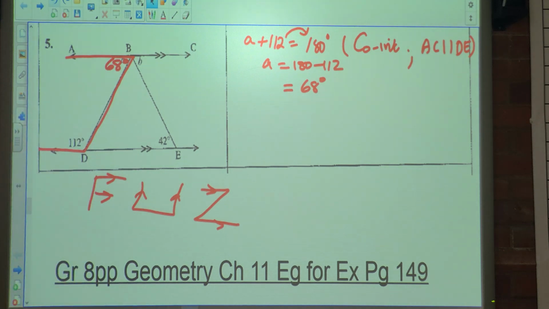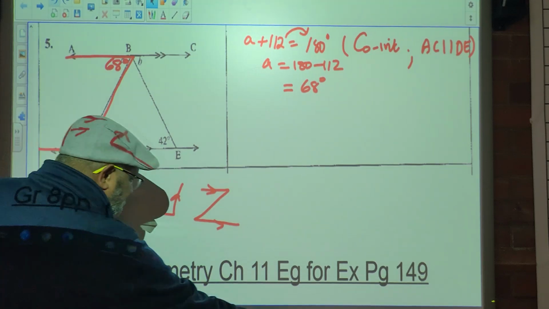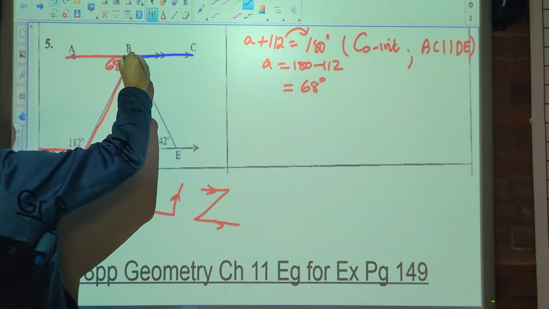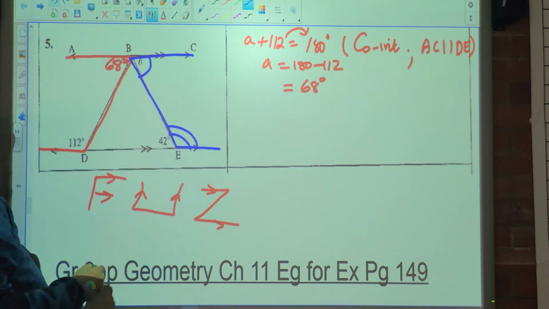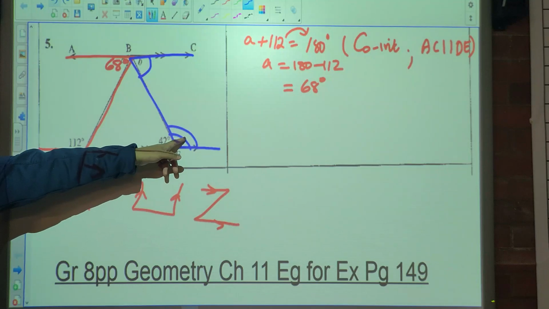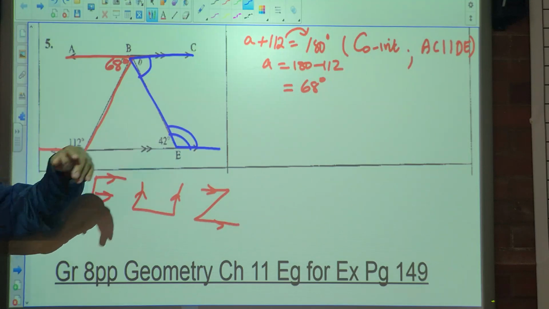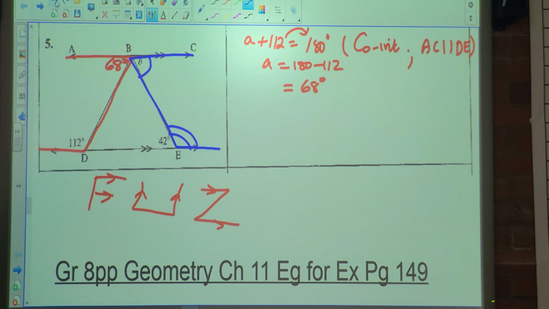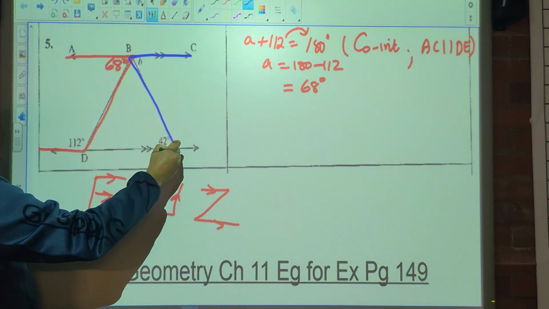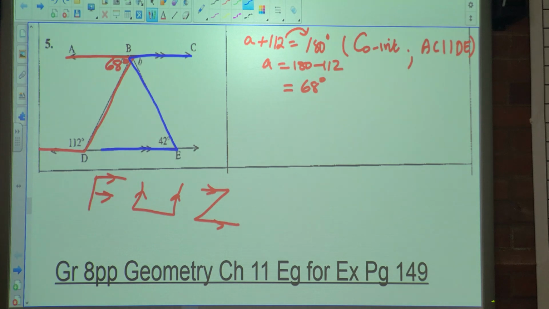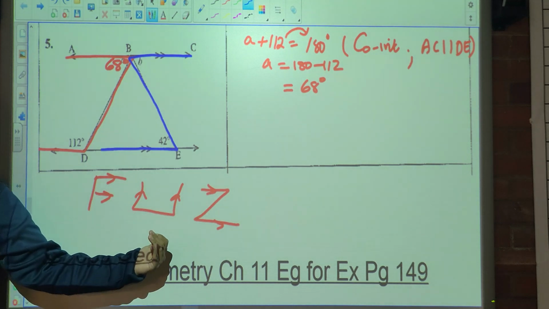How are we going to calculate B? Can I go again co-interior? No, as that angle plus that angle adds up to 180, but I don't have this angle. Can I make the corresponding angle? No. So I can use the alternate angles. Do you see that Z there? The Z is now flipped.